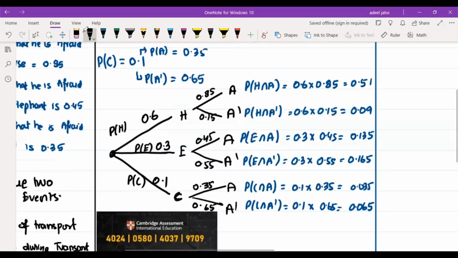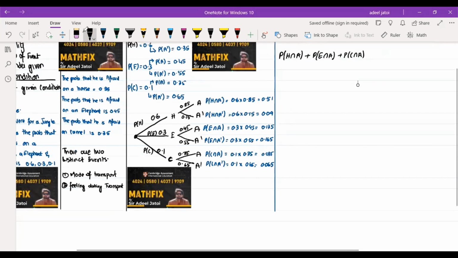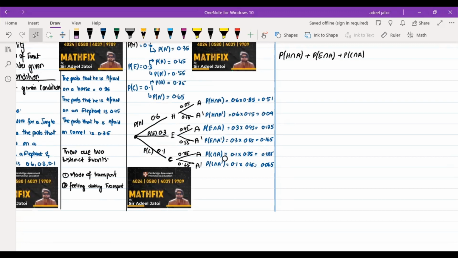Now, being afraid can be on what? Being afraid can be when we are sitting on horse and being afraid. So this is the probability. Sitting on elephant and being afraid, this is your probability. Sitting on camel and being afraid, this is your probability. So this will give me the only afraid probability.